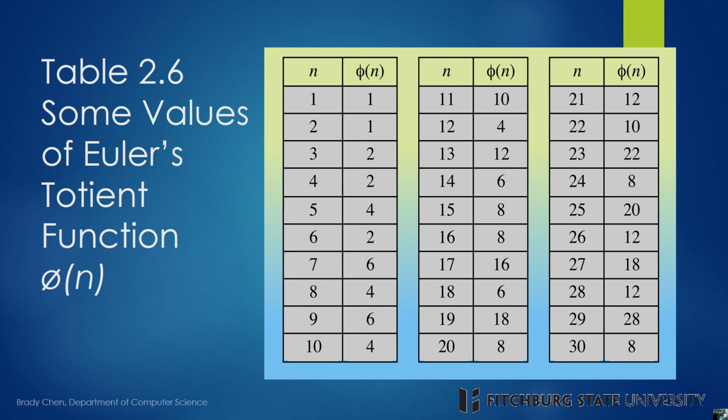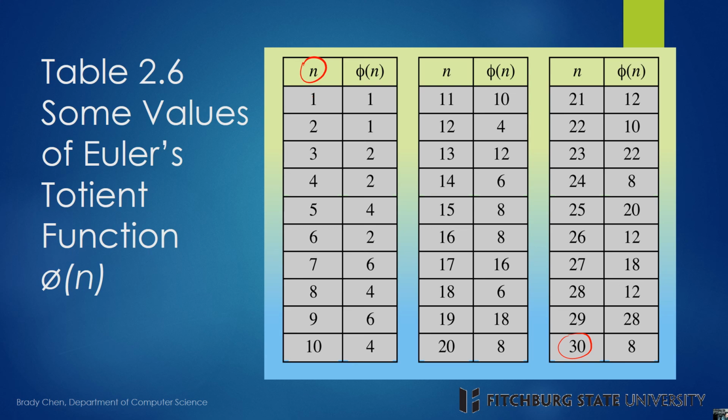It's not going to generate a result that's predictable. Now, let's take a look at the values of Euler's Totient function for the integer n, from 1, 2, 3, 4 all the way to 30.